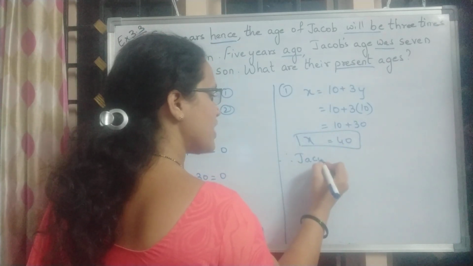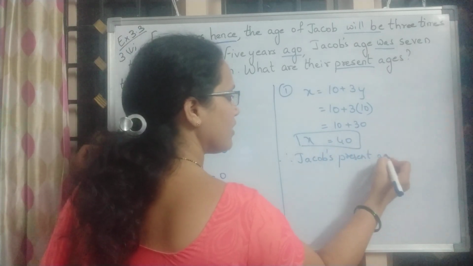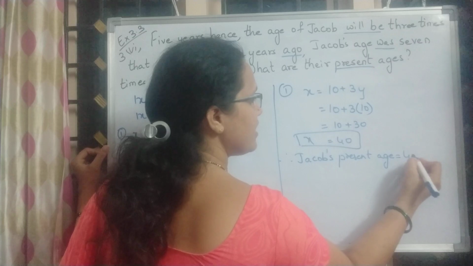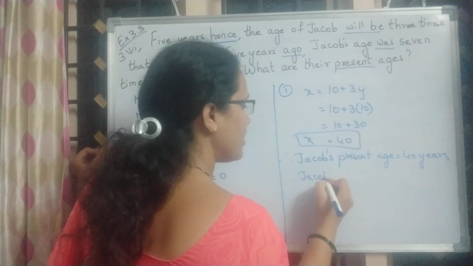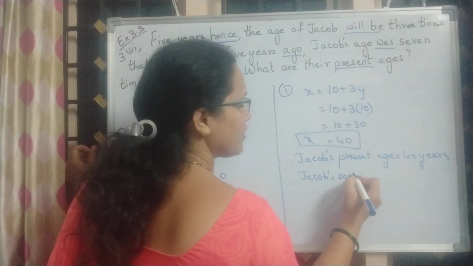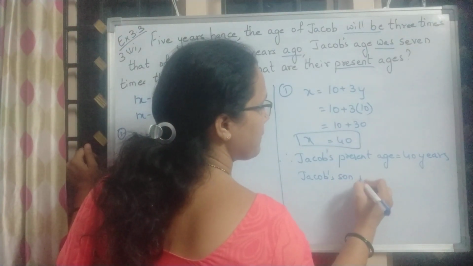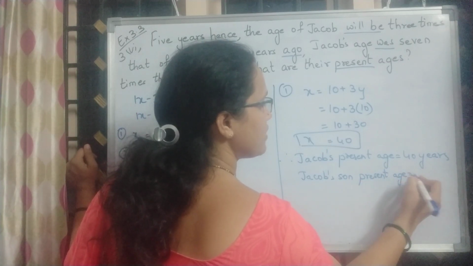Therefore, Jacob's present age is 40 years, and Jacob's son's present age is 10 years.